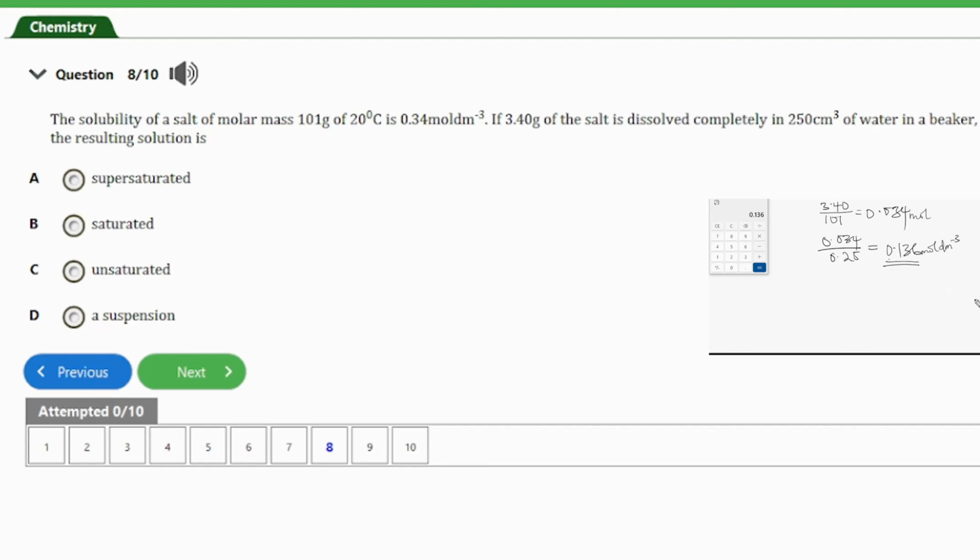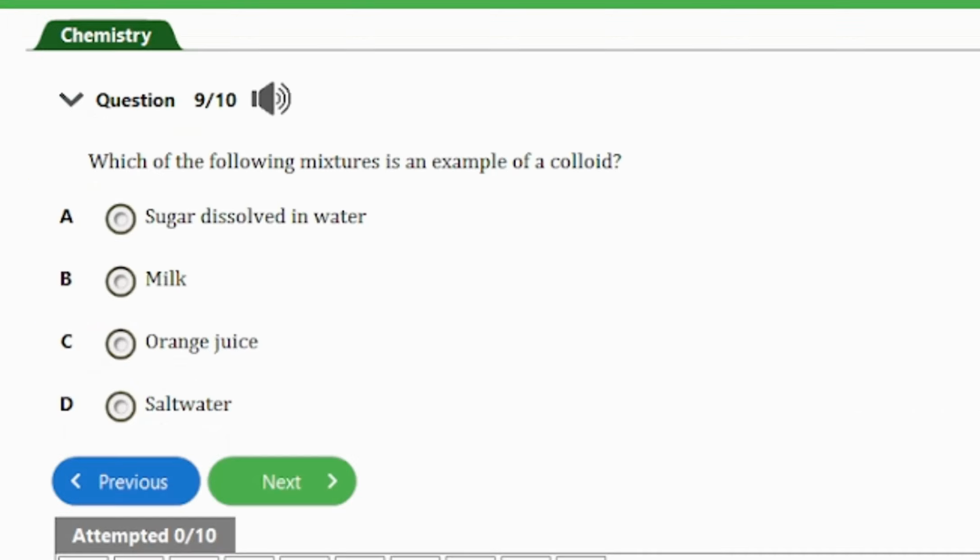So guys, the answer to this question will be option C here, and that's unsaturated. So go ahead and wipe this off, and then we'll consider the next question. That's question number 9 here.